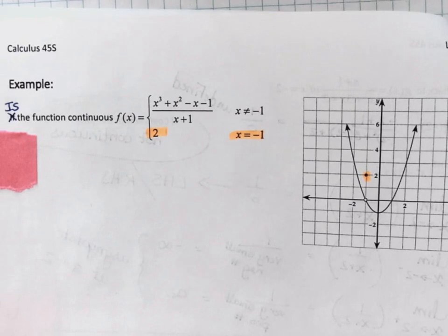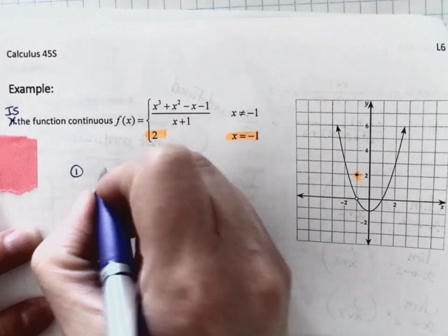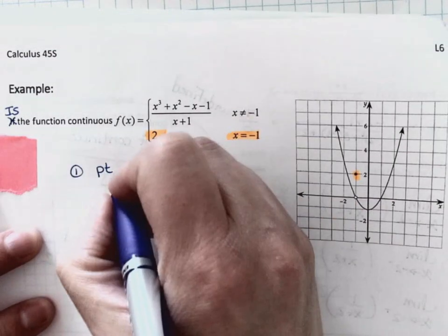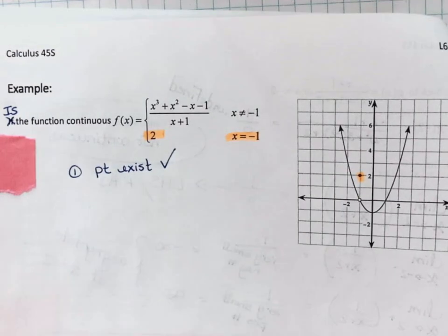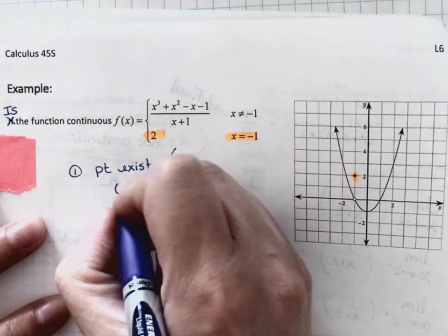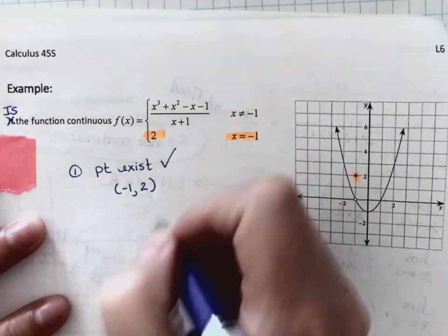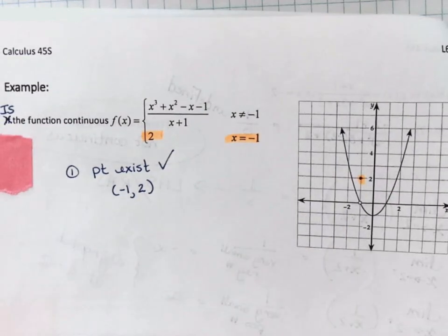So option 1 says, does the point exist? Yes, it does. Where does the point exist? It exists at -1 and 2. It exists at the highlighted one.